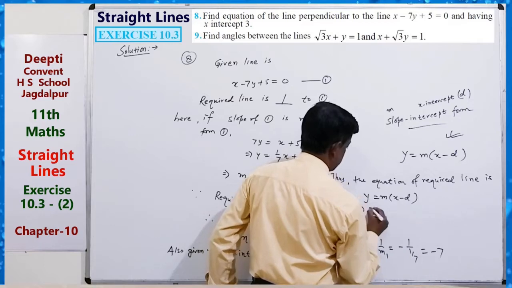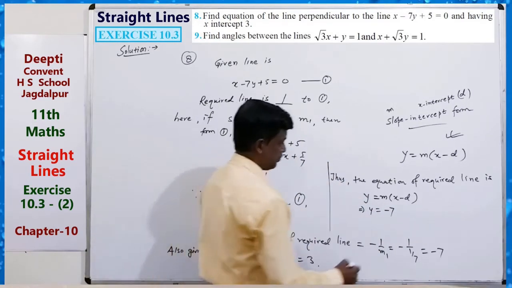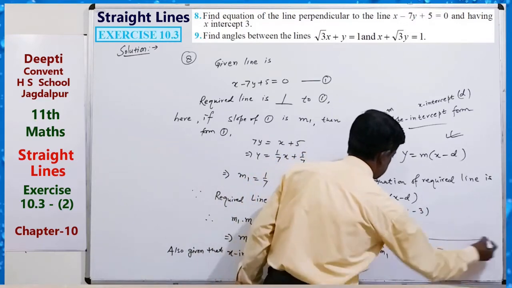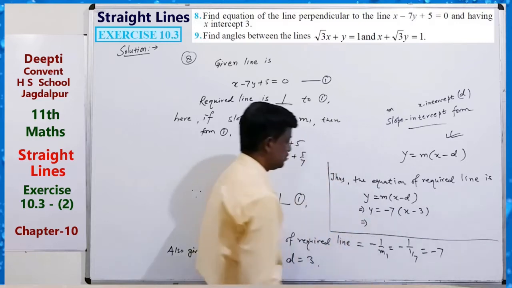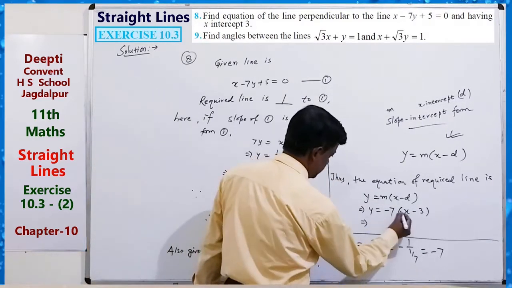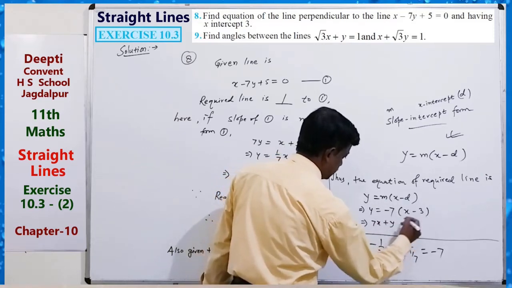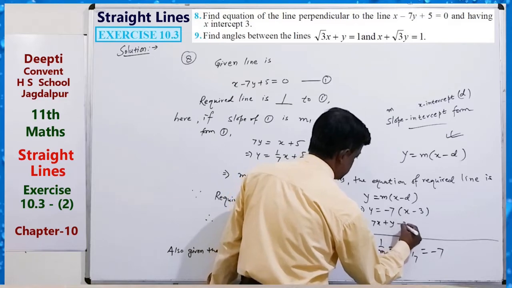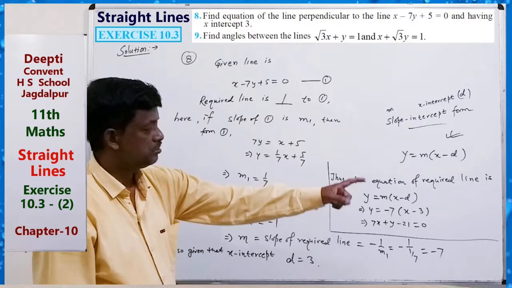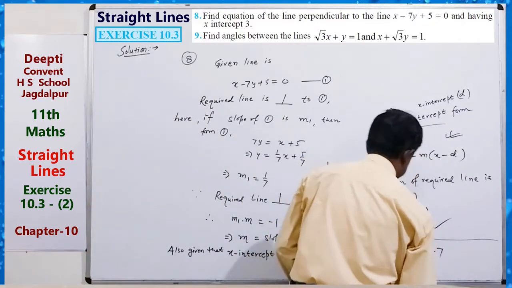That is y equals -7, this -7, and x minus d means x minus 3. So this is our required equation. So you can write it as y equals -7x plus 21, so 7x plus y minus 21 equals 0. This is our solution to question 8.